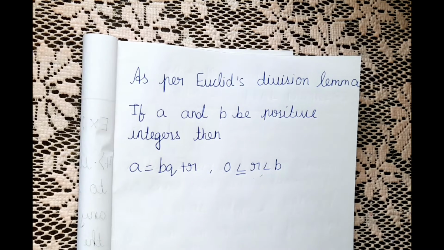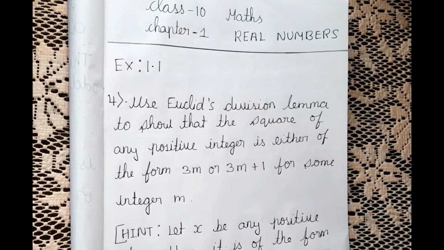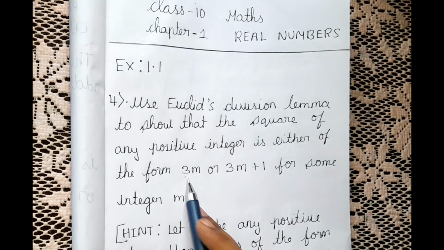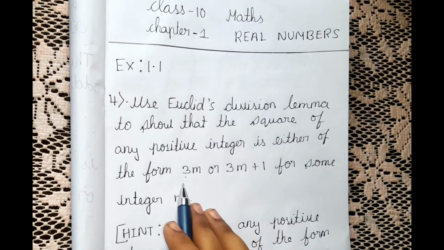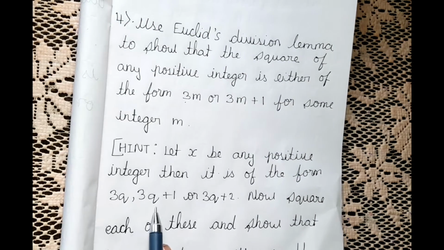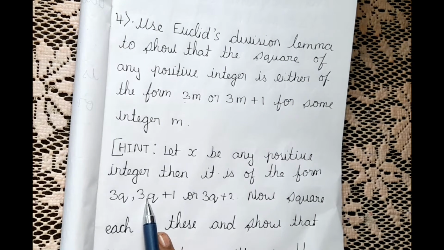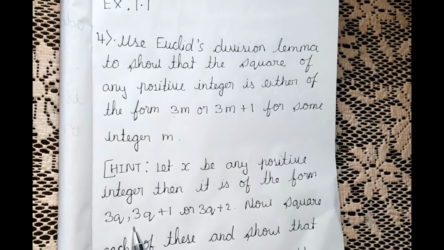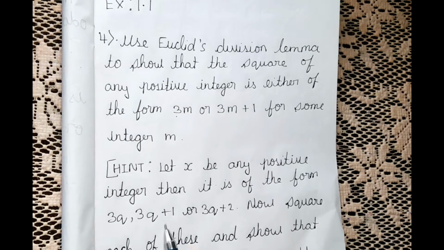Let me show that. So in this you can see in b place they had written 3. Okay, this might be confusing because here it is 3m. Okay, for example, let's take the hint. In the hint, instead of b, they had written 3. That means in b place, we have to take 3. And what about the remainder?